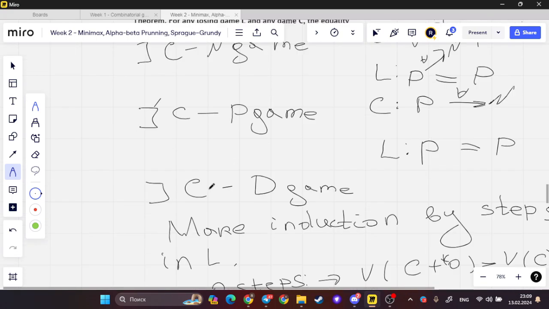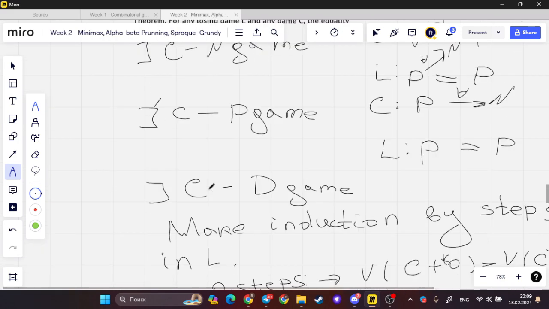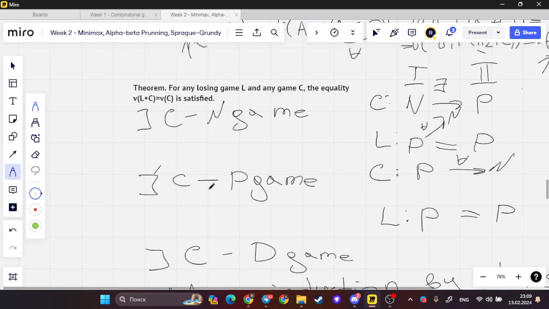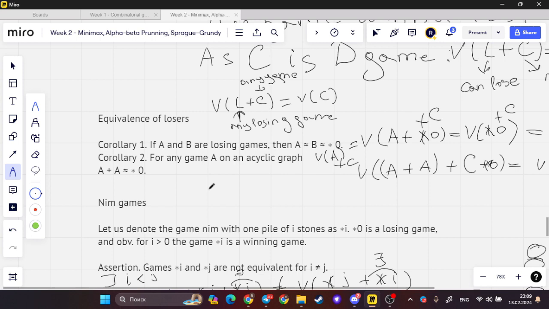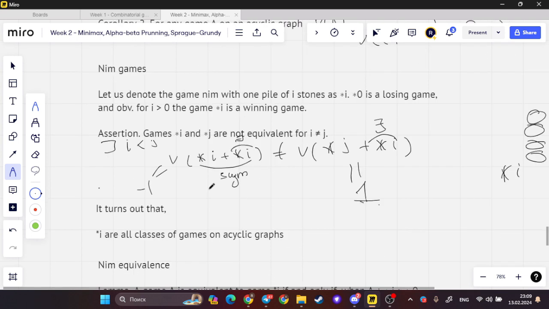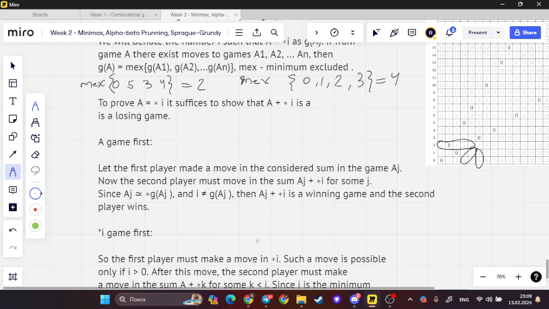This game is winnable for the second player, and we get that the second player wins, and the first player loses.